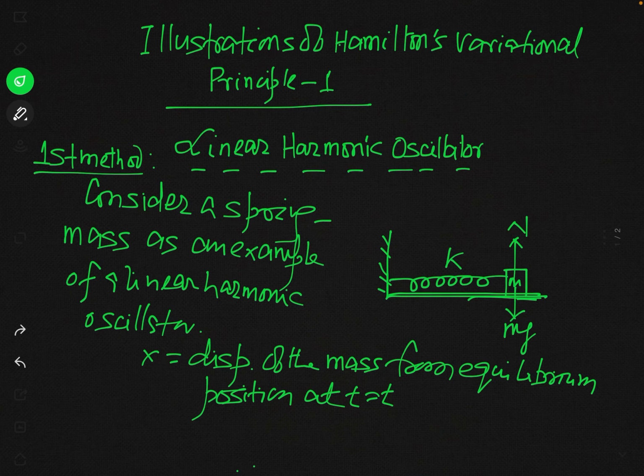So when you say kinetic energy of the system, it means kinetic energy of the mass, because due to zero mass, a spring has no kinetic energy. So first of all, we will find the kinetic energy of this system.